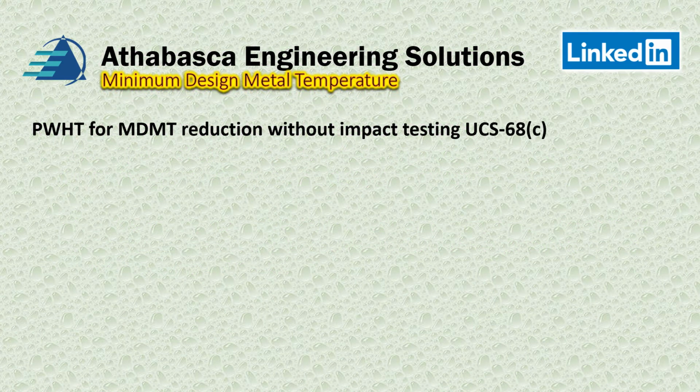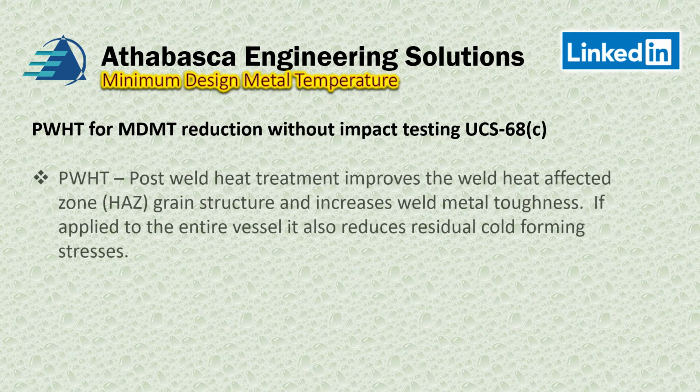We're going to move on to post-weld heat treat for MDMT reduction without impact testing. A lot of standard calculation software like COMPRESS always mentions this requirement, or it's available. Basically, the post-weld heat treatment improves the heat affected zone, the HAZ, and grain structure, and increases the weld metal toughness because it removes the stresses from the grains.